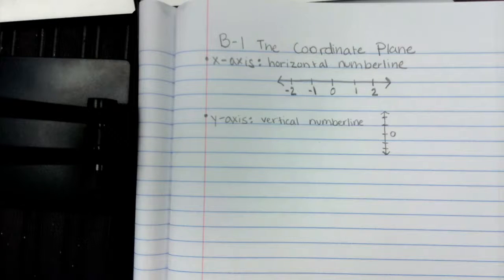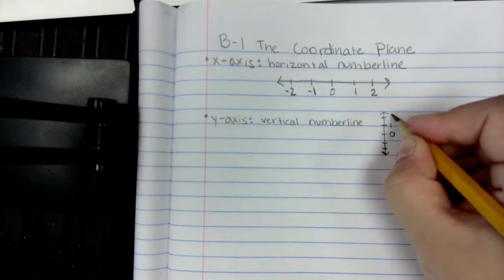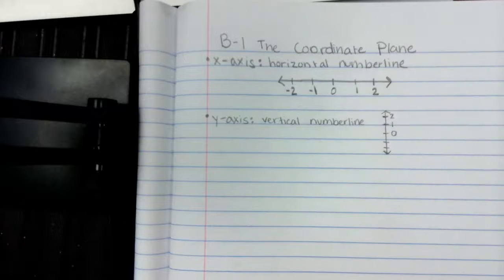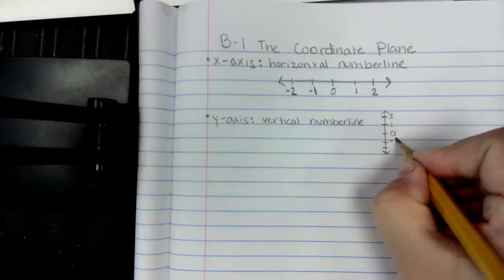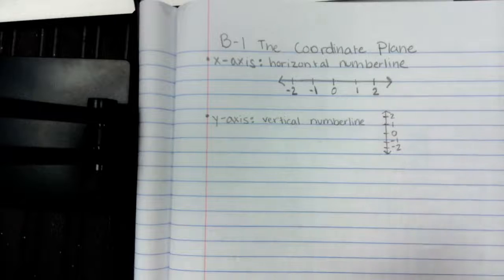What would be the tick mark right above the 0? A 1, and then 2. And remember, we're labeling the actual line. We're not labeling the space between. Below 0 would go -1, and then -2. So we always want to start at 0 and kind of work our way out.